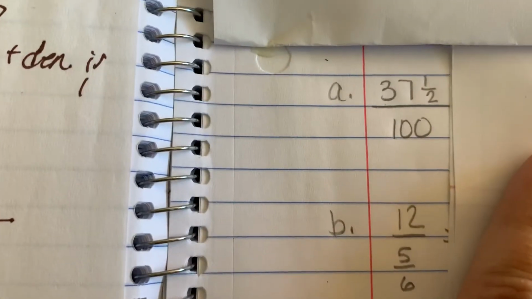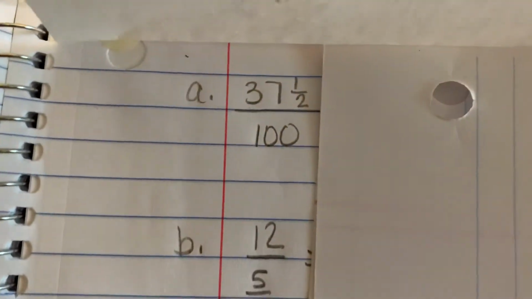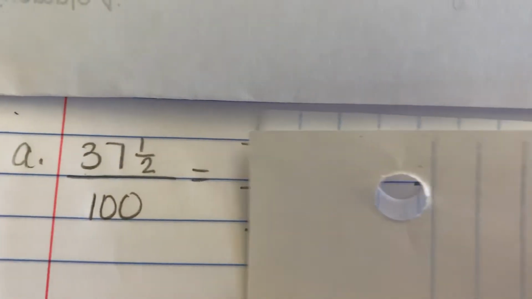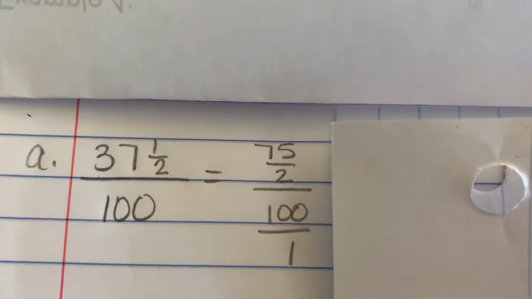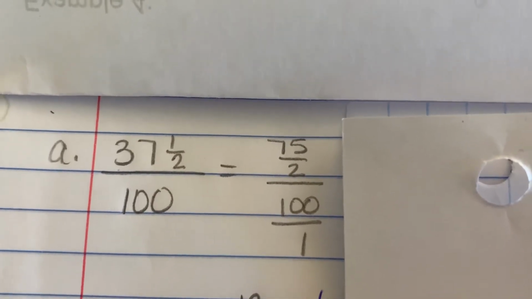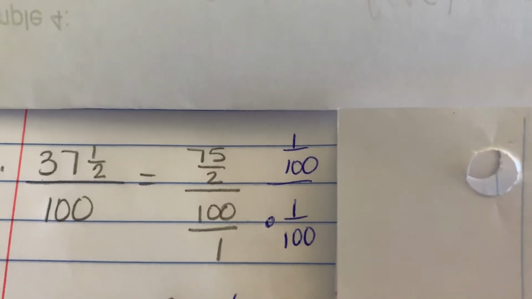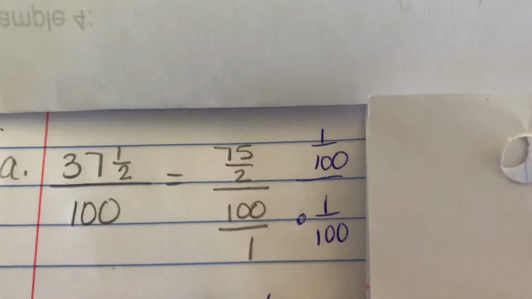All right, so we're going to take a look at our practice set. Okay, so the first one, you should have copied down the problem. Changed it into the proper shape, so you get 75 halves over 100 over 1. Then we're going to multiply by the reciprocal of the denominator so we can get it off the bottom.